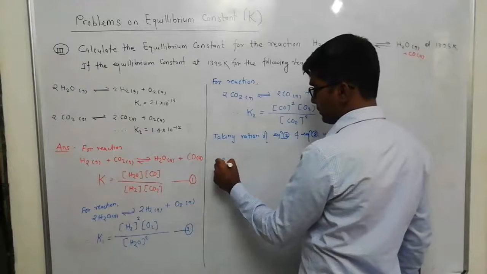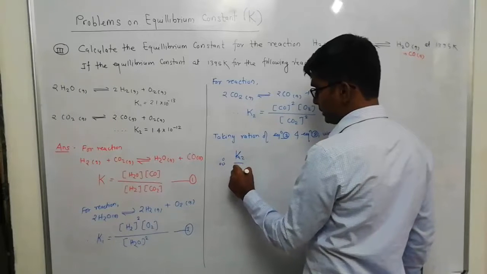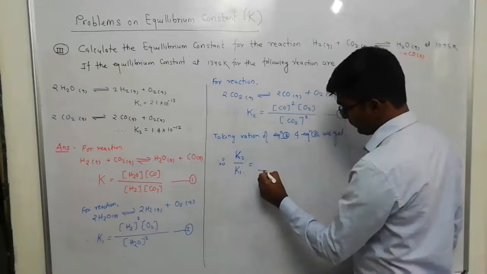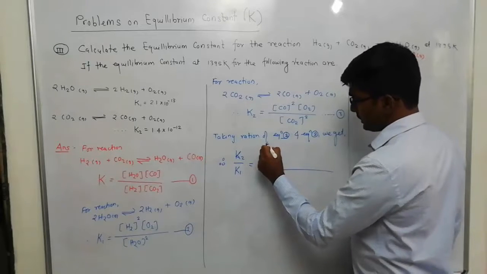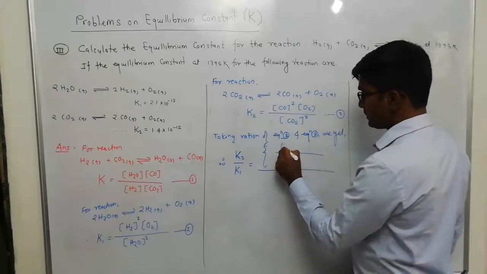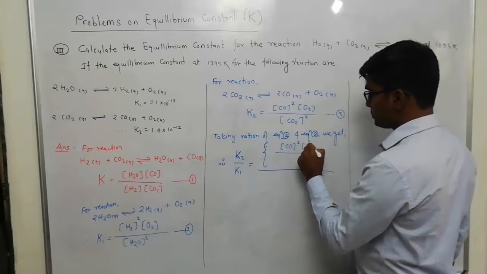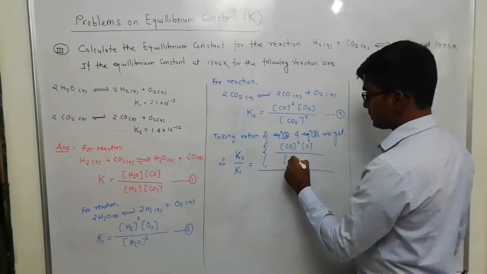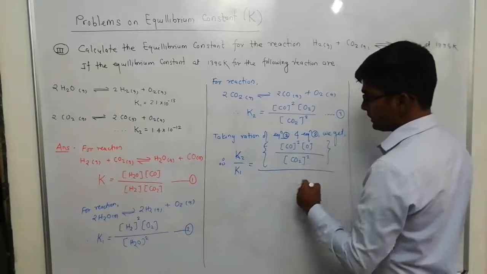So write down, therefore, capital K2 upon K1 is equal to, in square bracket let us write the K2 value: concentration of CO square into O2 upon concentration of CO2 square, curly bracket complete.